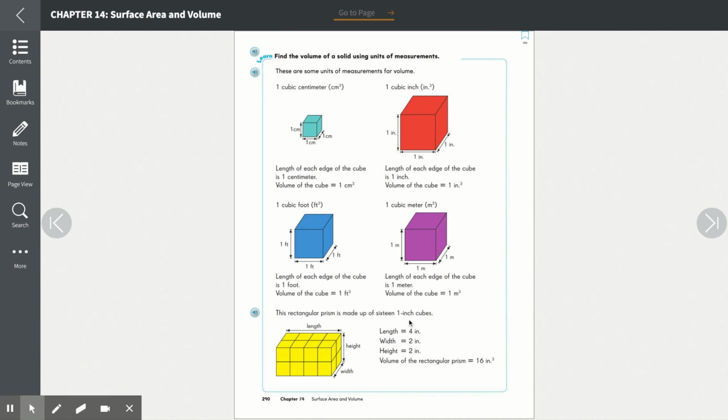This rectangular prism is made up of 16 1-inch cubes. So the length is 4 inches, the width is 2 inches, and the height is 2 inches. So the volume of the rectangular prism is 16 inches cubed because 4 times 2 times 2 would be 8 times 2 is 16.